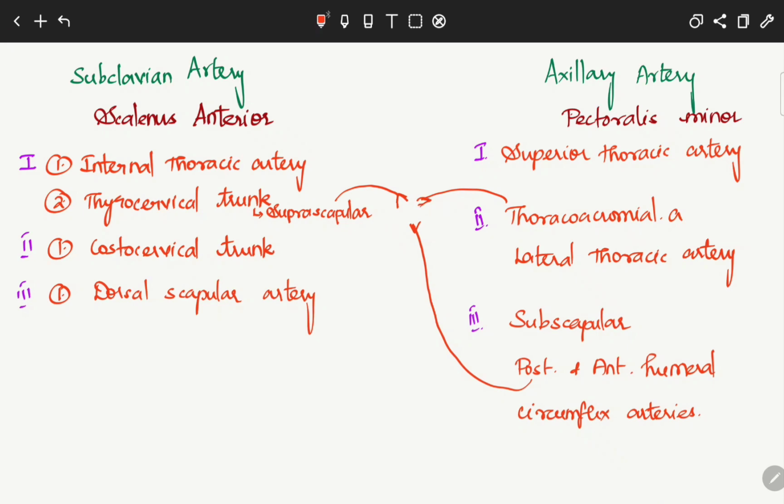So again I am repeating, the acromion branches of suprascapular artery, which in turn arises from the thyrocervical trunk, which is in turn a branch of the subclavian artery, and the acromion branches of the thoracoacromial artery, which is in turn a branch of the axillary artery, and the acromion branches of the posterior circumflex humeral artery, which is in turn a branch of the axillary artery.